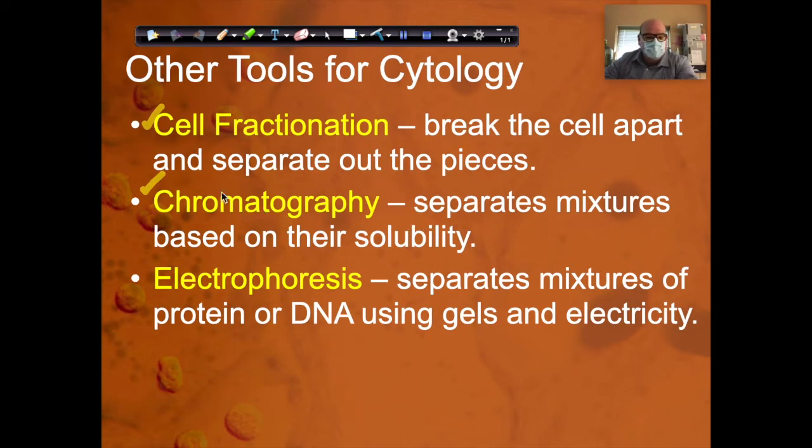So you've probably done chromatography in high school chemistry, where you separate inks into their different pigments and they'll travel different distances through the paper. Electrophoresis is using electricity to pull particles through a gel based on their size and polarity.